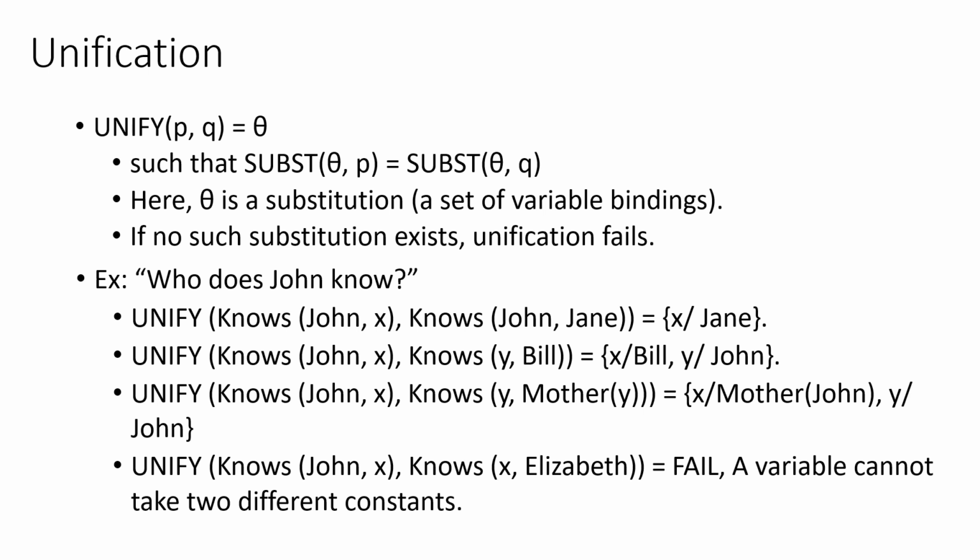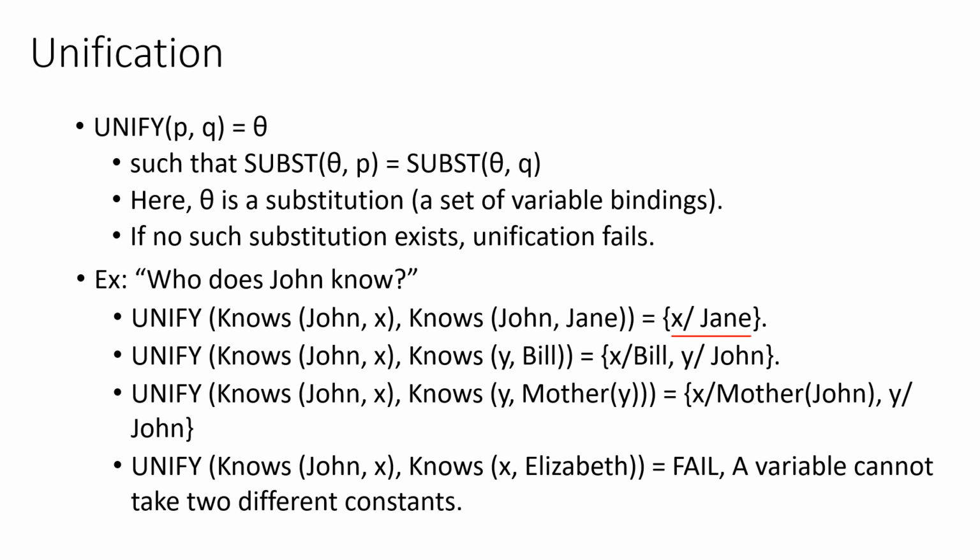Here we can see the function unify(p, q) = theta. Here theta is the substitution, that means a set of variable bindings of the form variable/term. Similar to this, x is the variable and j is the term. So in the form variable/term, we are representing the unification.